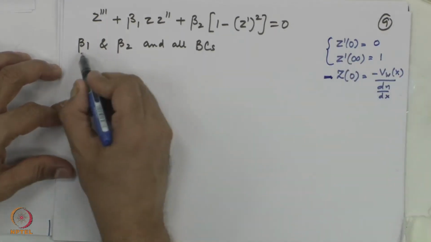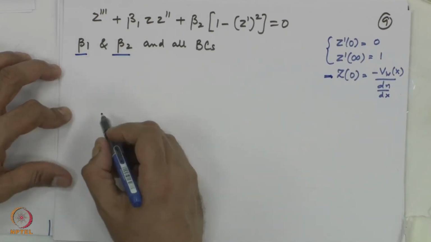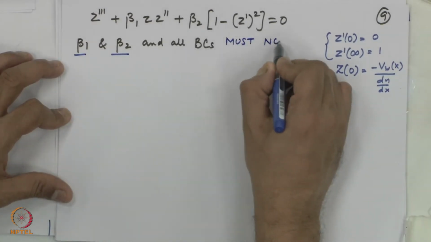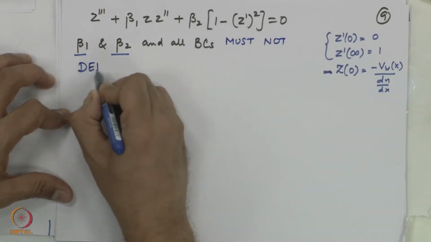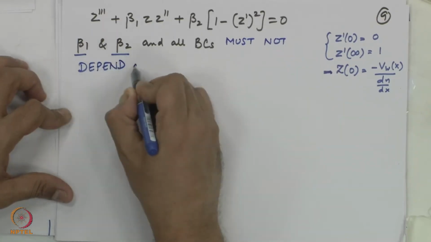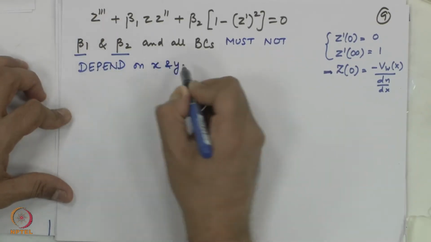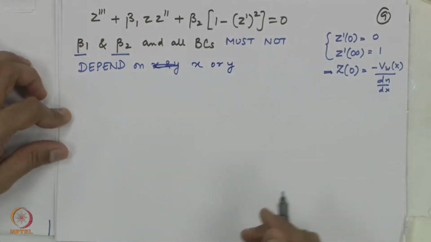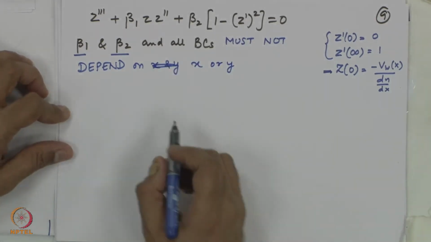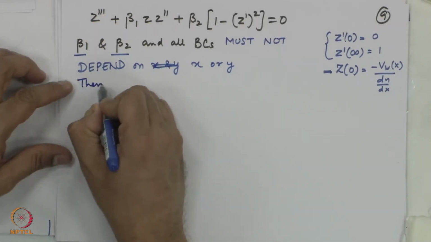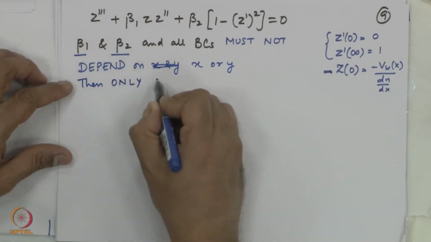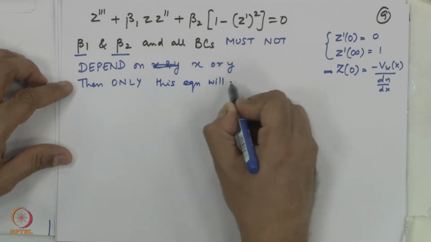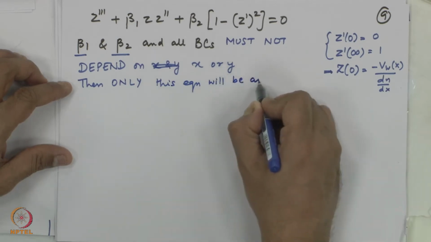This one, beta 1 and beta 2 must not depend on x or y, then only this equation will be amenable to similarity solution.